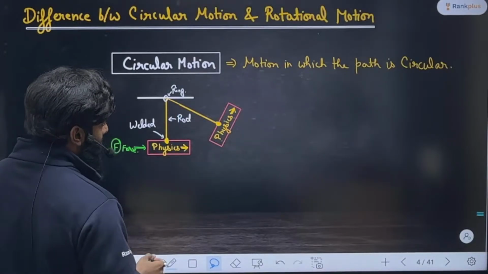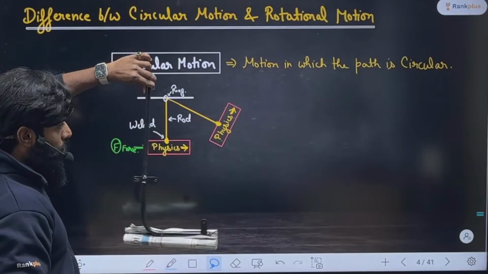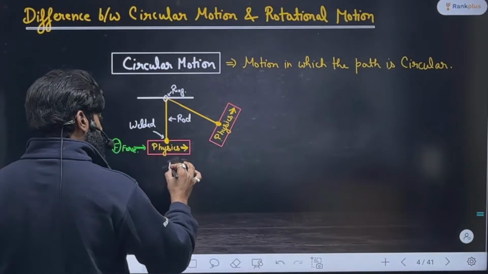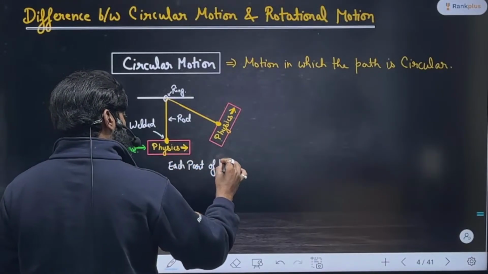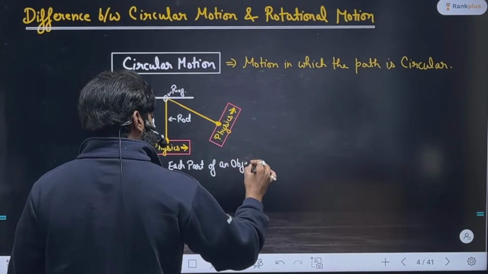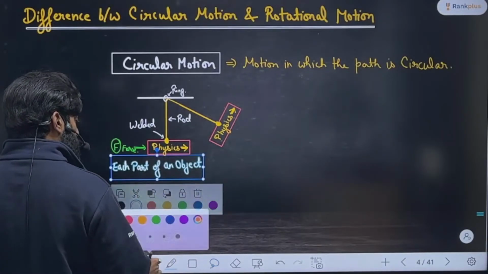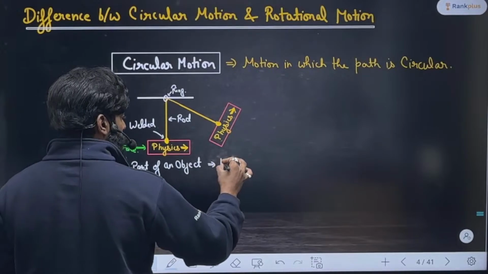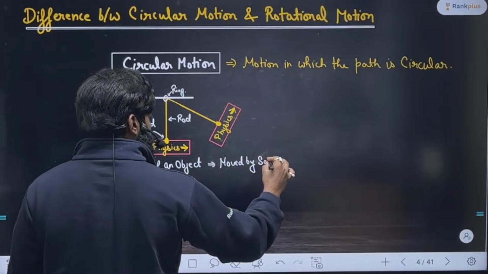So if I move this object completely, then each and every part of the object is moved by the same angle.